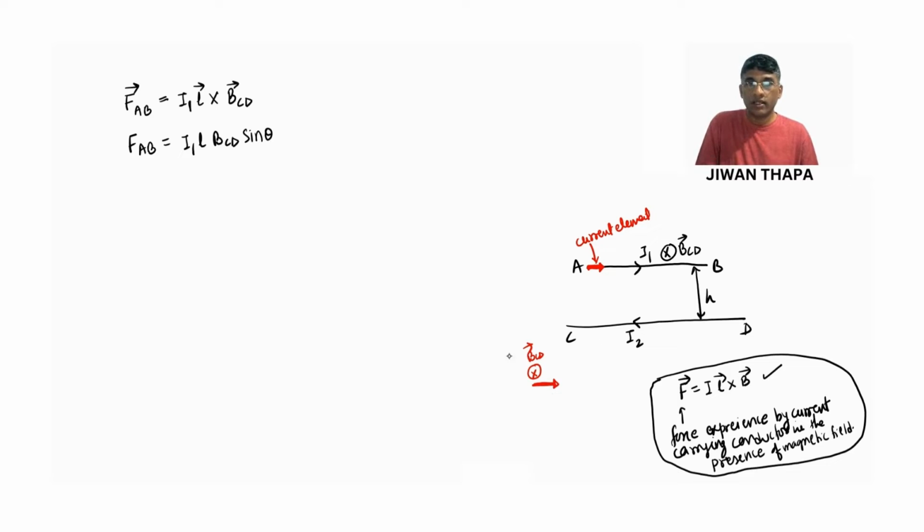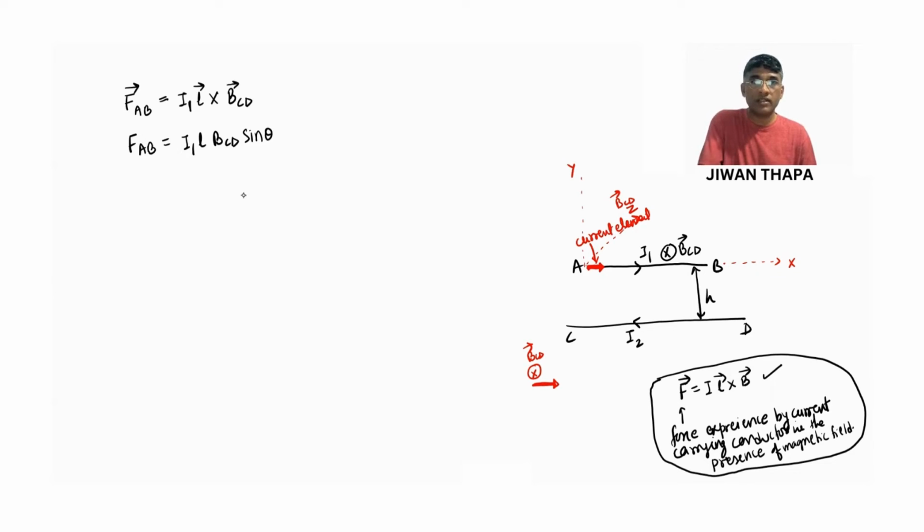Or we can understand it graphically: let us take this as X, this as Y, and this as Z. The magnetic field acts along the Z axis and the current element is along the X axis.